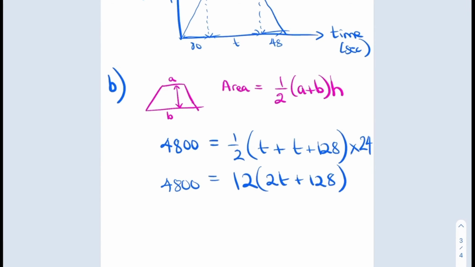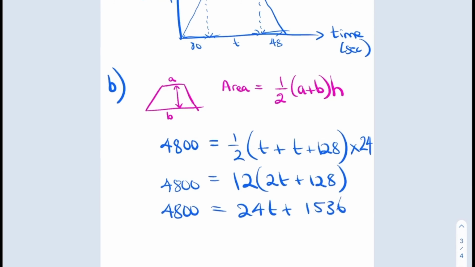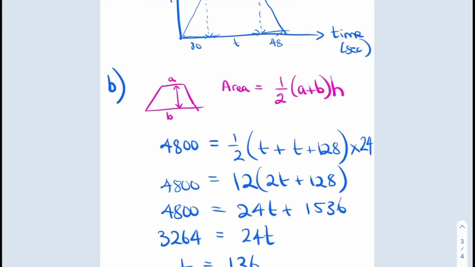Solving this for t, let's expand this: 24t plus 1,536. Subtracting that from both sides and dividing both sides by 24 gives me t equals 136, but that was just this section here.